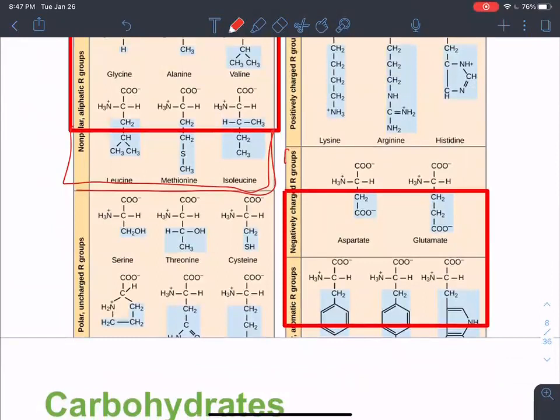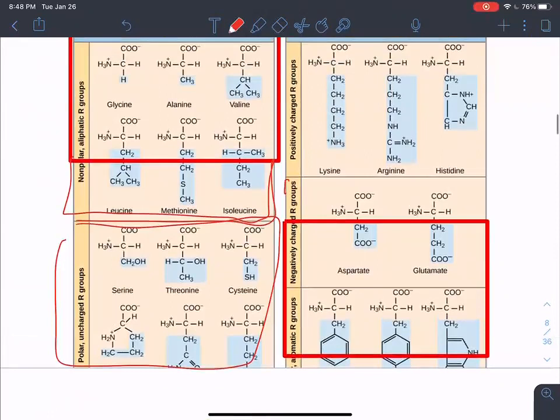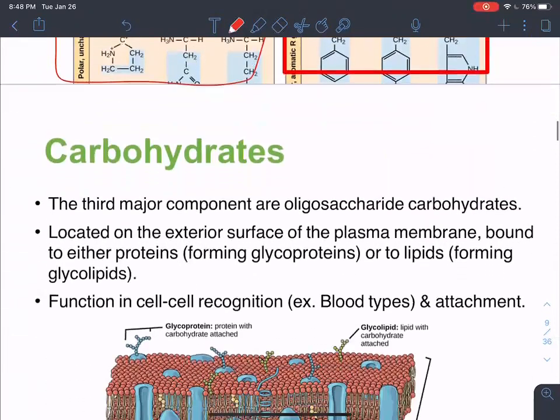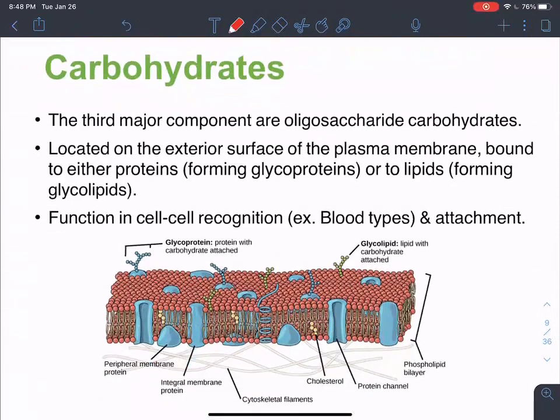I had a previous slide that doesn't cut it off like this, so go back to that slide to look at these. But there you've got non-polar, and then you've got polar groups right here. So non-polar and polar, and then some that are negatively charged R groups allow for some polar-type characteristics as well.